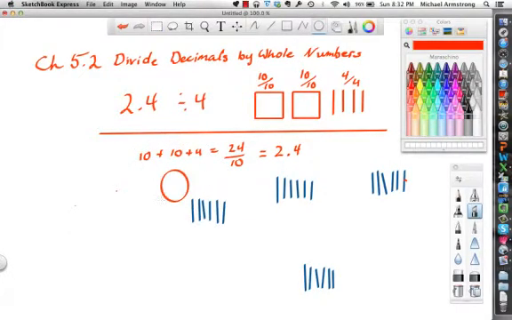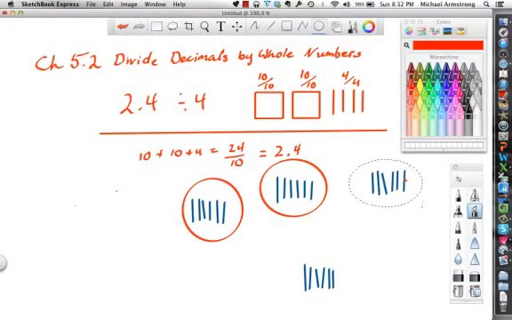We have 4 groups, and each one has 1, 2, 3, 4, 5, 6. 6 in this one, 6 in that one, 6 in this one, 6 in this one.